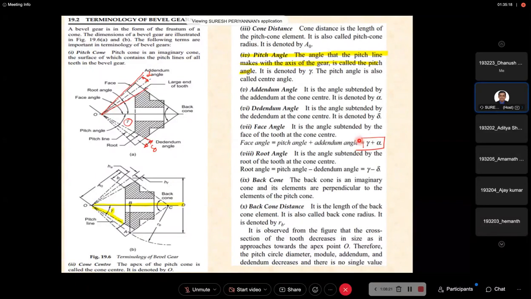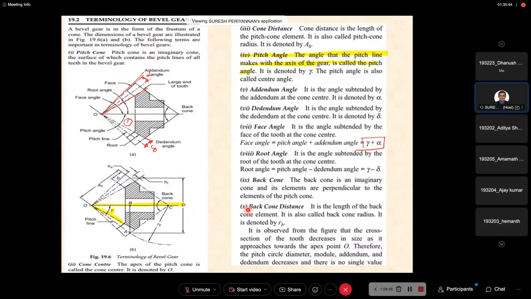Root angle: pitch angle minus dedendum angle will give you the root angle. These are the very important things: root angle, face angle, dedendum angle, addendum angle. These are the different terminology.